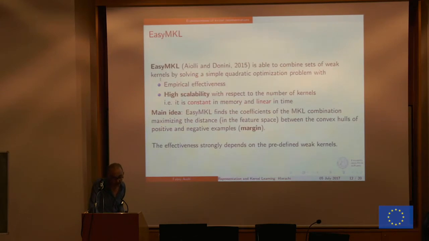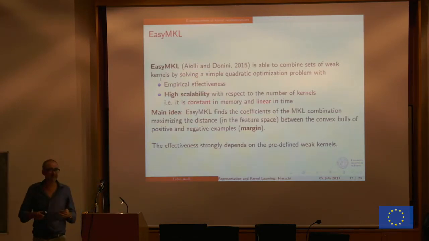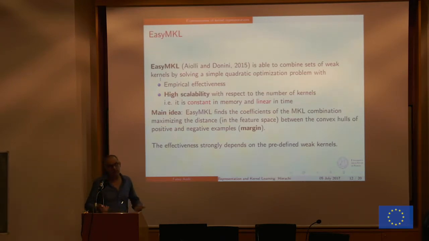Only linear, and constant in memory. So there is a very high scalability with respect to other methods. This is a powerful method, so I cannot understand the popularity of deep neural networks against this kernel method.